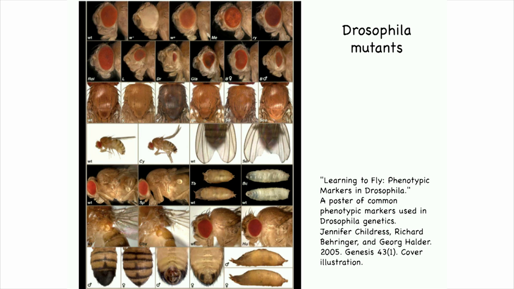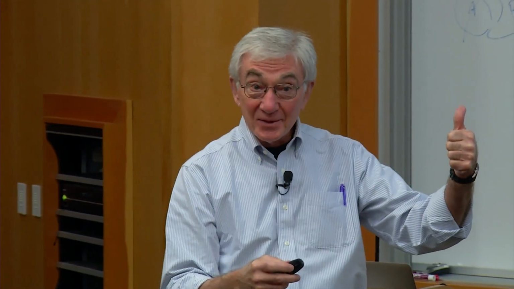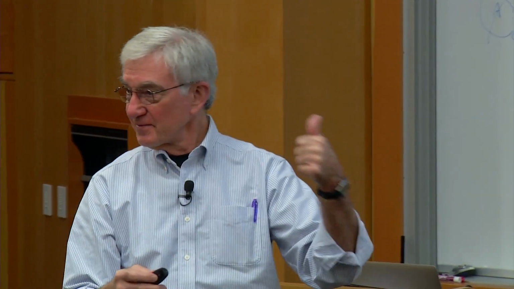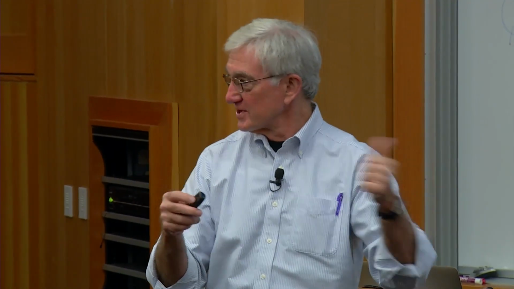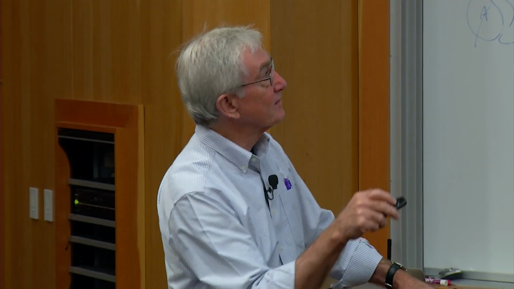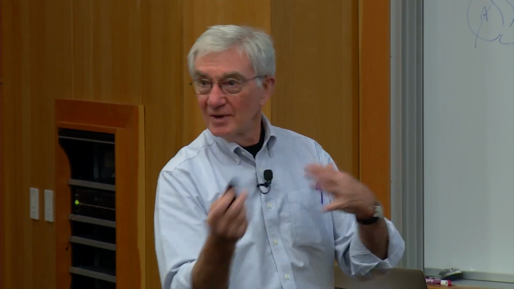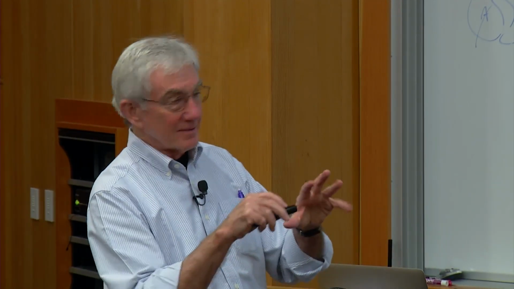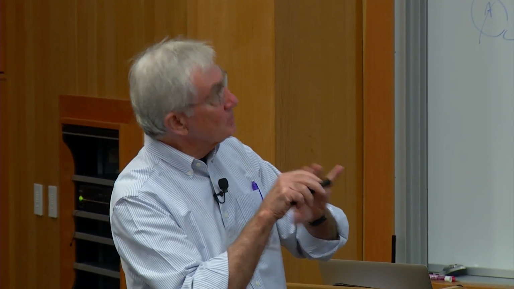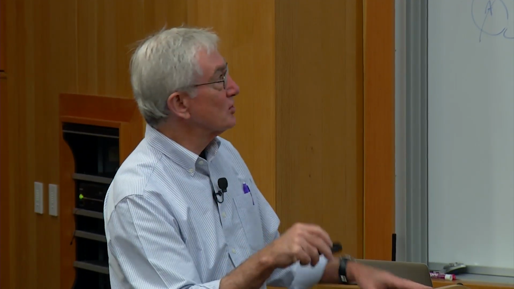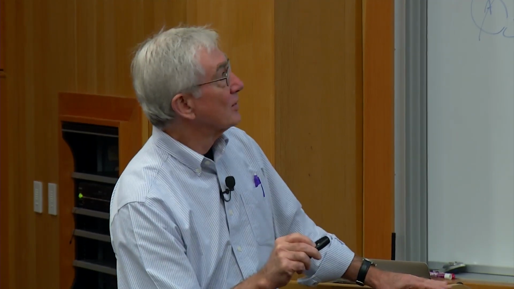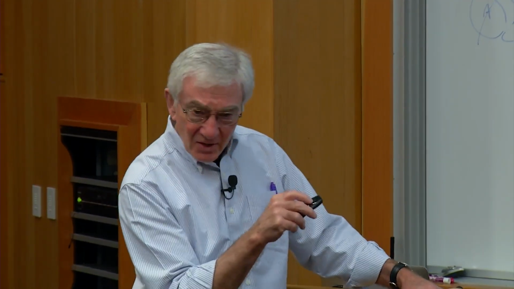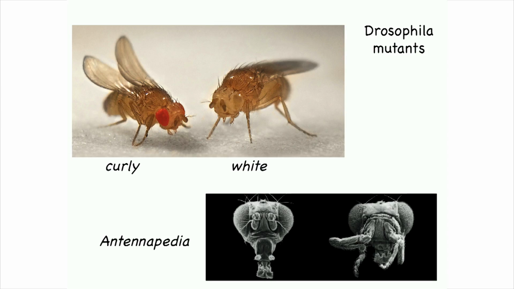And the genes that are responsible for these phenotypes, first of all, are single genes. Some are recessive and some are dominant, or there are mutations that are recessive or dominant in these genes that are inherited in a Mendelian fashion. So it's been quite easy to use the simple genetic markers throughout the Drosophila genome to help with genetic analysis. And these are just clearer illustrations of some of these mutant phenotypes.